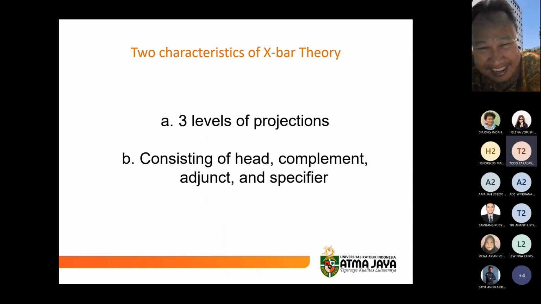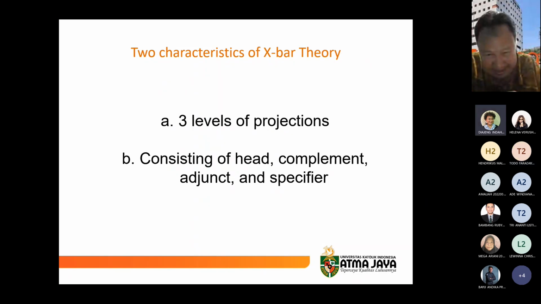Can one of you repeat what the most important characteristics of X-bar theory are? In some sentences, the one that has to be there is head, right? For complement, adjunct, and specifier, it's optional.